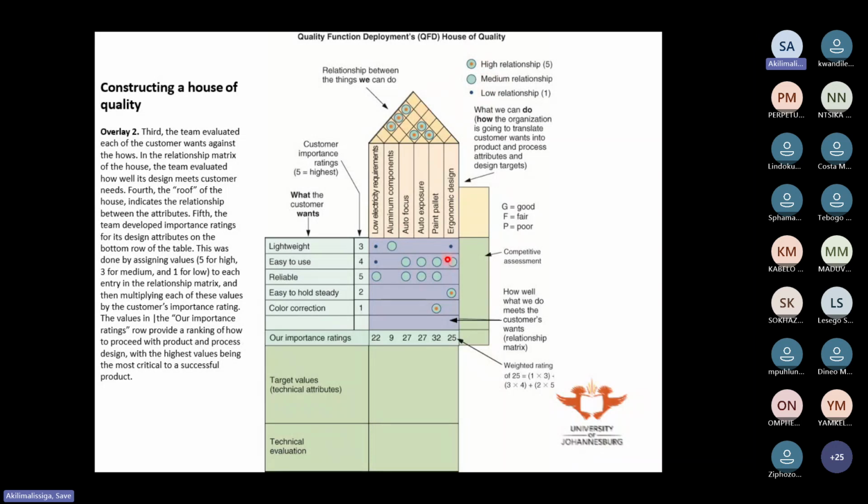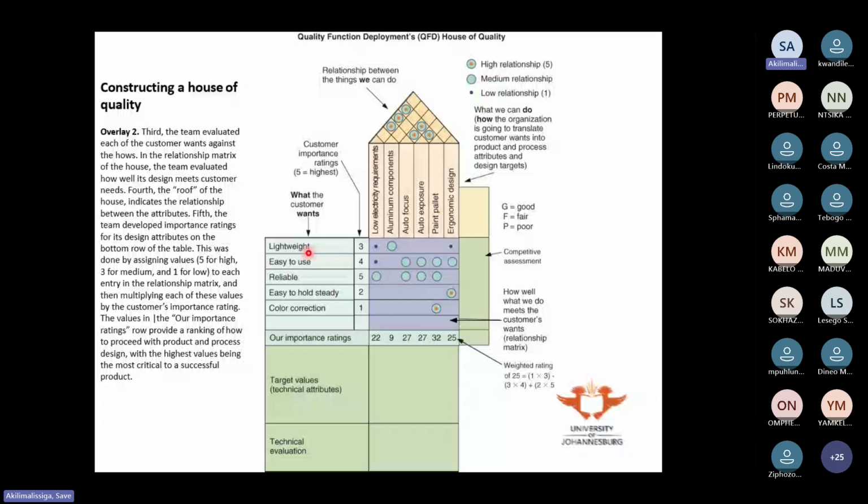Now, here again, you're going to establish the relationships based on satisfying this customer want. You also check in terms of the intersections. So lightweight and low electricity requirement: what kind of relationship is there?